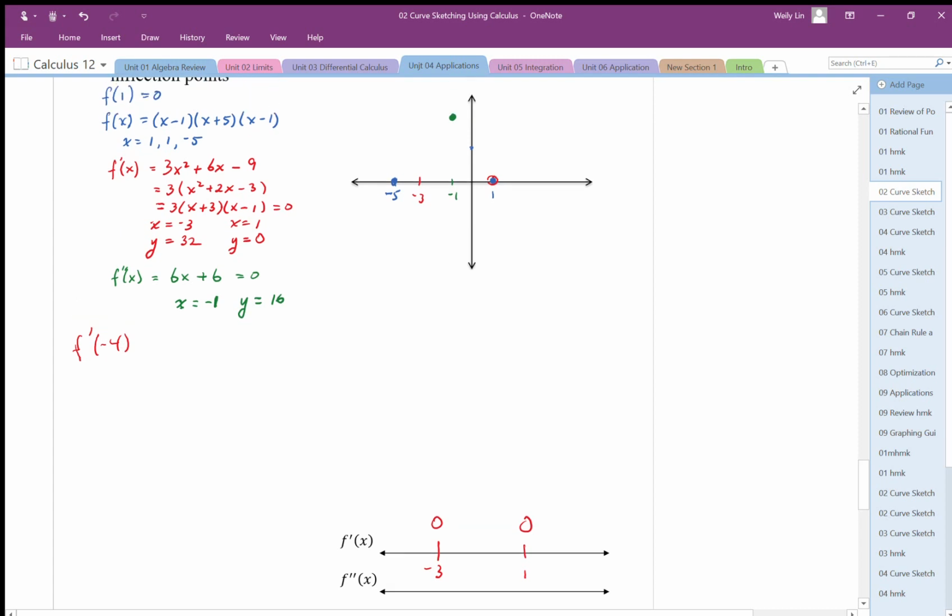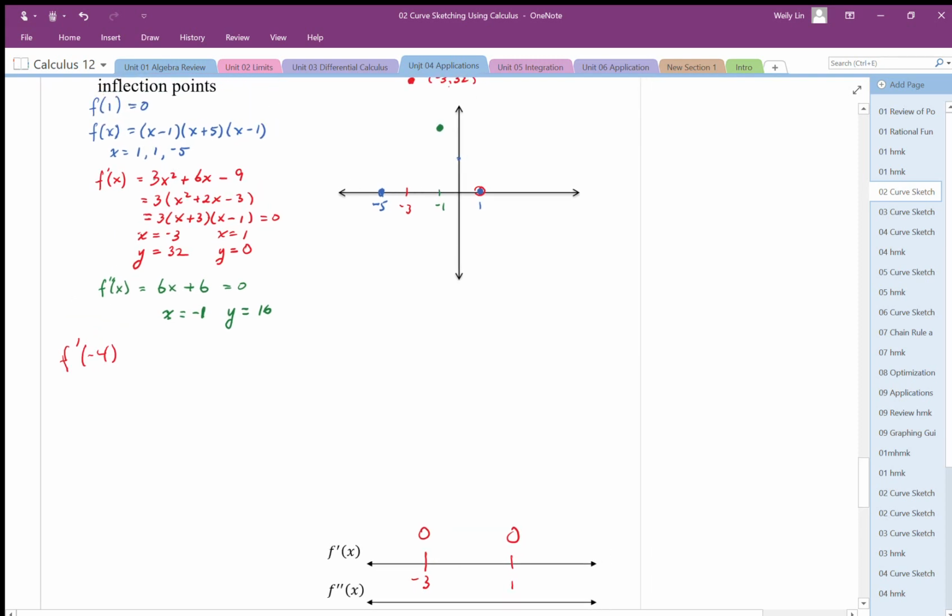If I plug it into that equation, I get 48 minus whatever it's going to be. I know it's going to be positive slope going through there. So when I plug in the negative value in here, I'm going to get my f prime being positive, so I know it's going up.